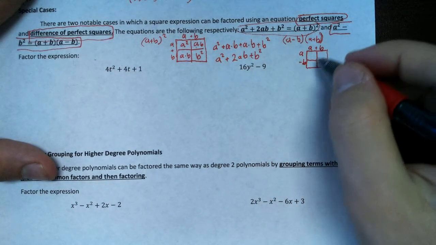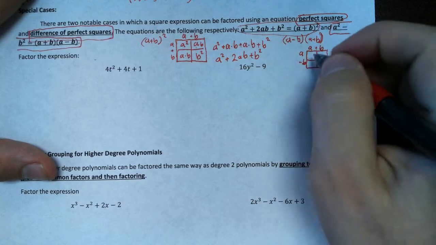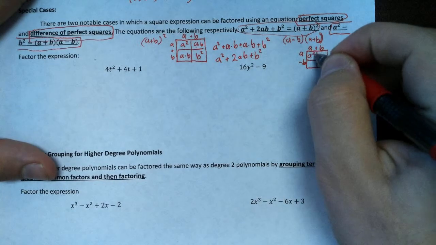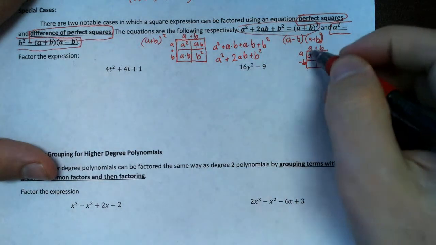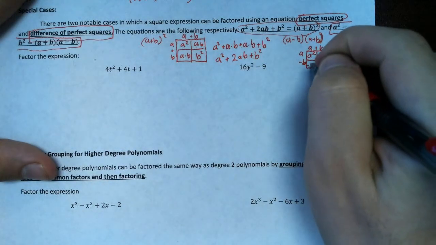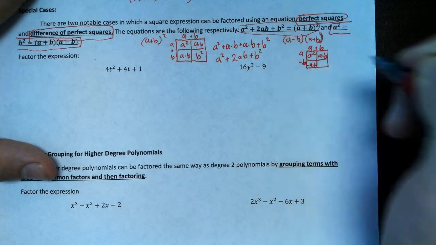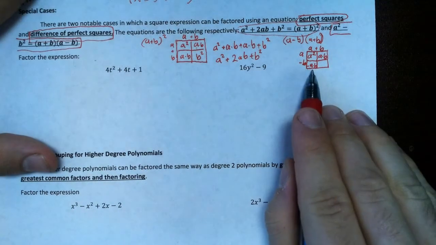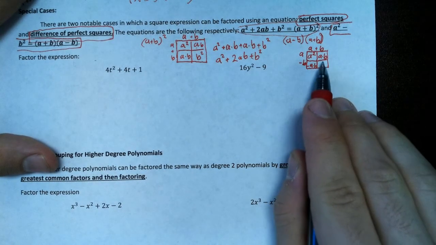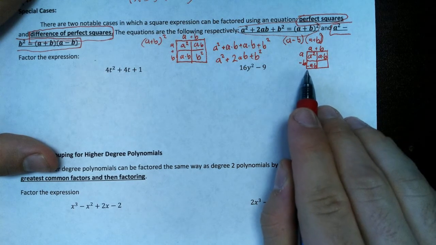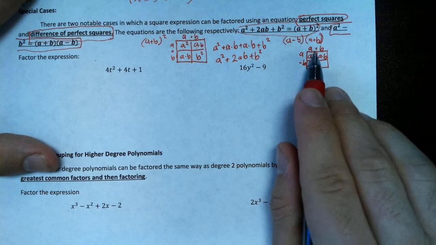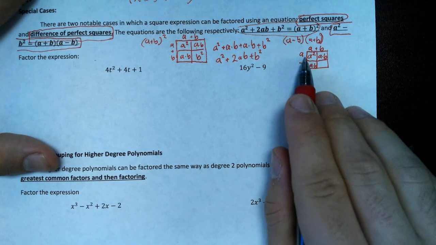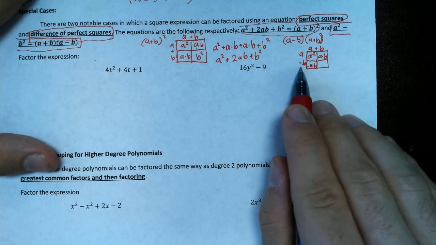So we multiply these: a times a is a squared, a times b is ab, a times negative b, we have a negative. Let's reflect on what just happened. We had a times b, and then we had negative a times b. We did the same multiplication, except one of them had a negative.